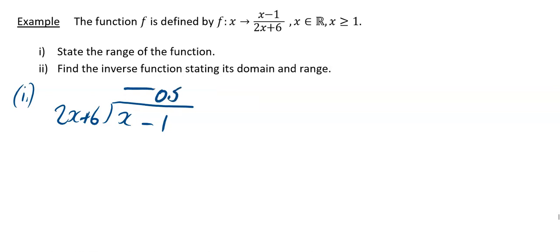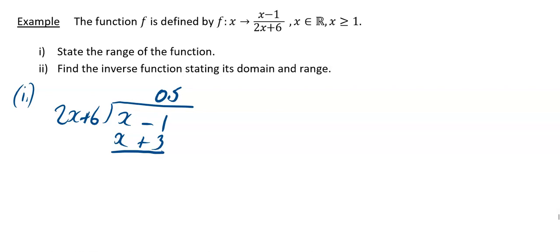And then you do your 0.5 times the whole of your divisor. So 0.5 times 2x just gives you x. 0.5 times the 6 gives you 3. And you write this down underneath. Now some people put a wee minus here. I wouldn't put a minus here, but I would just know what I am going to do now is subtract, take x plus 3 away from x plus 1.